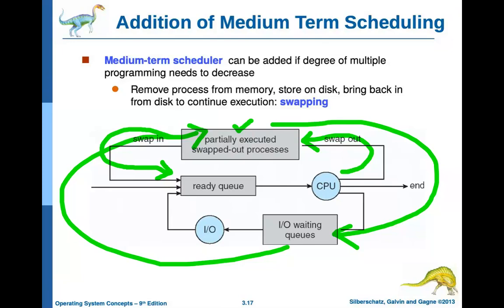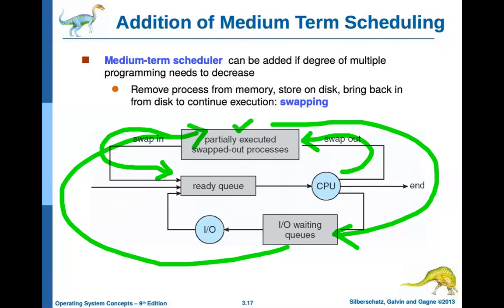Now here let me use the text tool. So from the ready queue to the CPU, this is the short-term scheduler. The short-term scheduler will work here, right? It will pick up a process from the ready queue and assign it to the CPU.